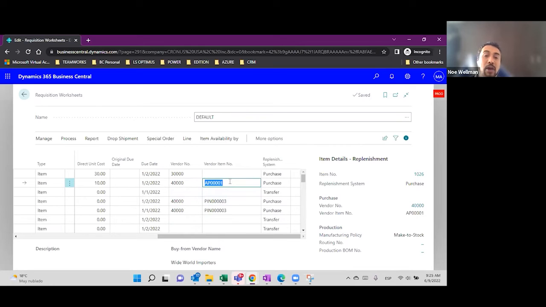So that's why, please go to our previous webinars, we are going to detect the vendor item number. And look at this, what we should be doing with this line? This is for a purchase, and here this is for a transfer order to be created, okay? And that will be more or less the process, okay?